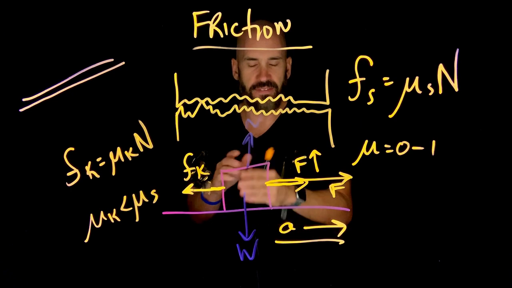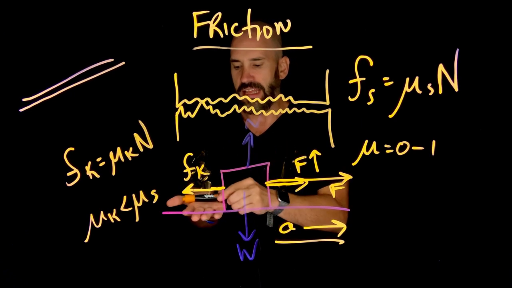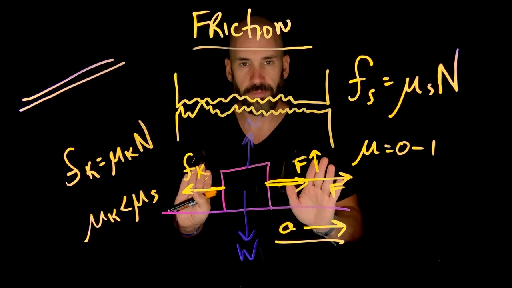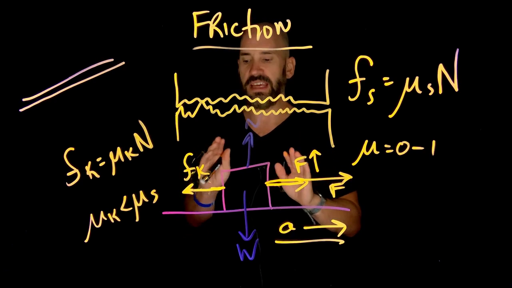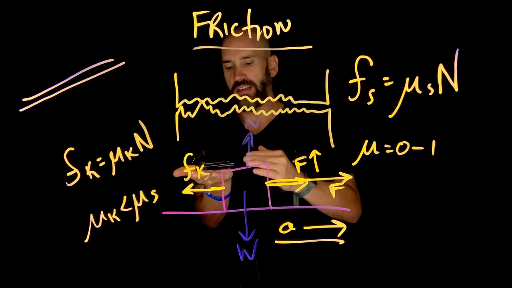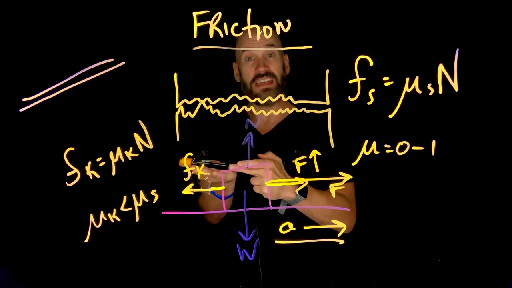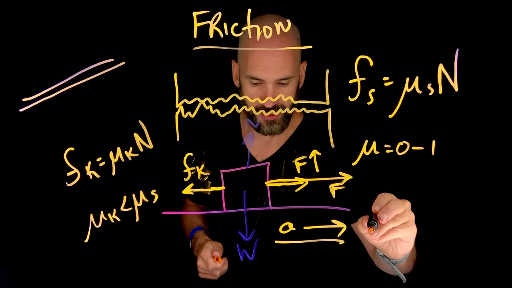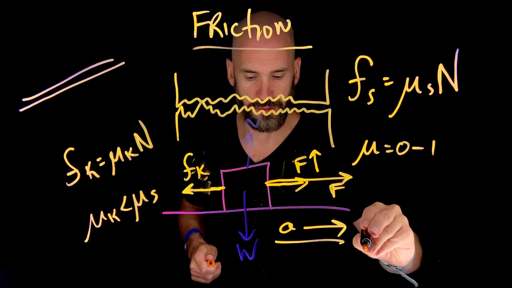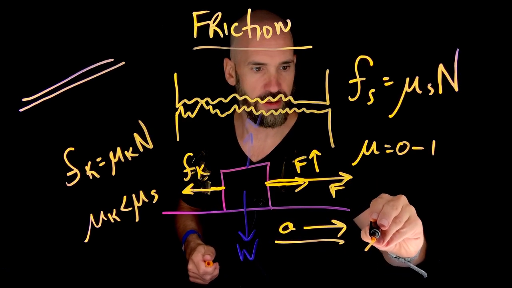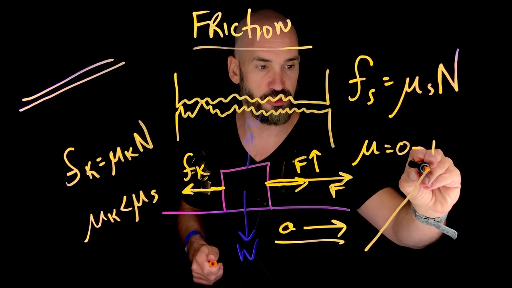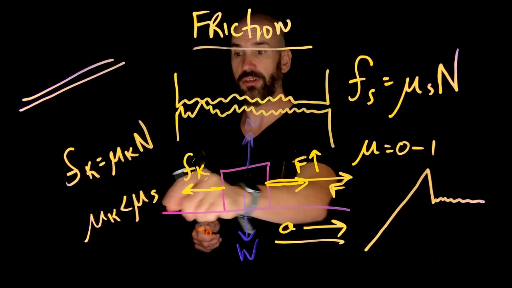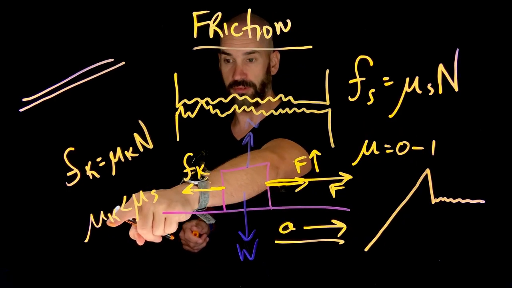The coefficient of kinetic friction is less than the coefficient of static friction, and everyone kind of understands this intuitively, right? You guys have this vibe that it can be hard to start to get something moving, but then once it gets moving, it's easier, right? And you can see that with this little graph where, as I'm increasing my force, there's this drop because the coefficient drops from mu s to mu k.